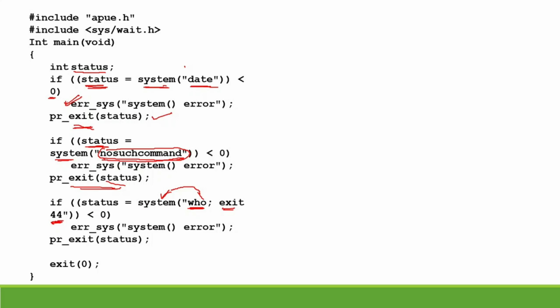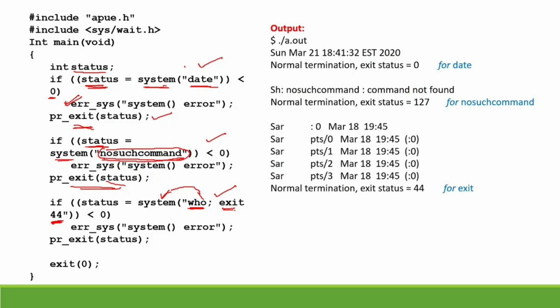It is specifically mentioned that the exit status value should be 44. So these are the three cases here. One is a valid command, date, and we shall see its exit status. An invalid command is passed to system, and a who command, which is a valid command, where the exit value is specifically mentioned. So this will be the output.